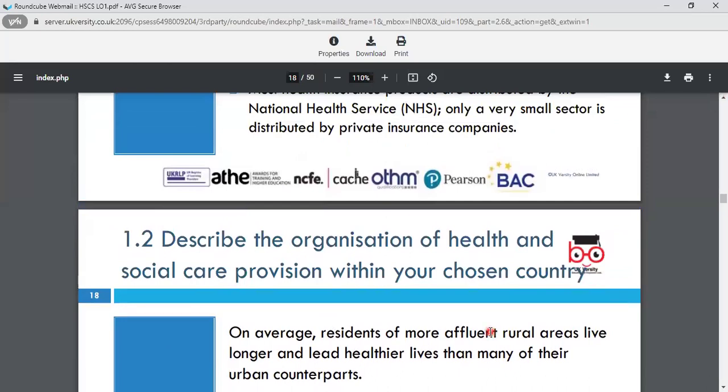I've made the statement that people who live in rural areas live longer and healthier compared to people who live in urban areas. Rural means village-type places, and urban is basically the cities that I'm mentioning.